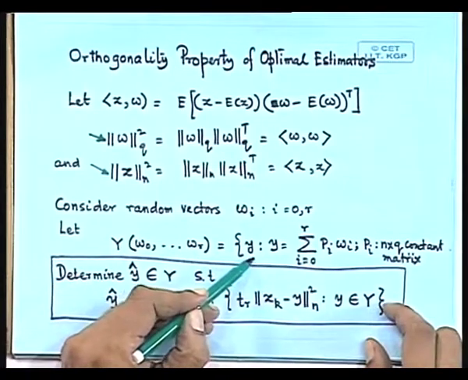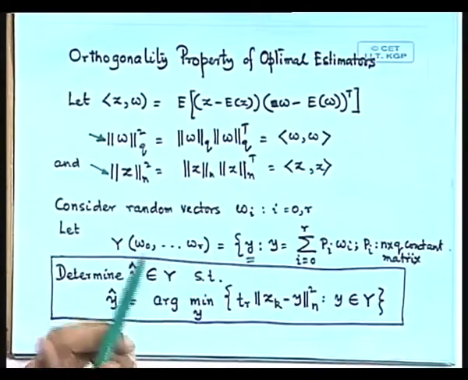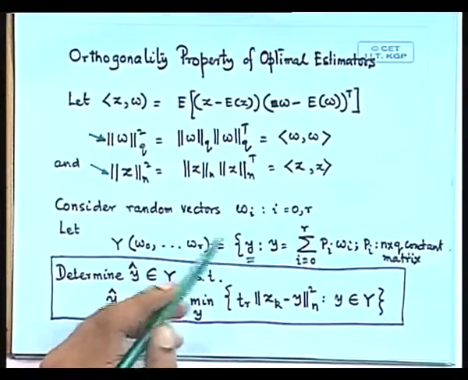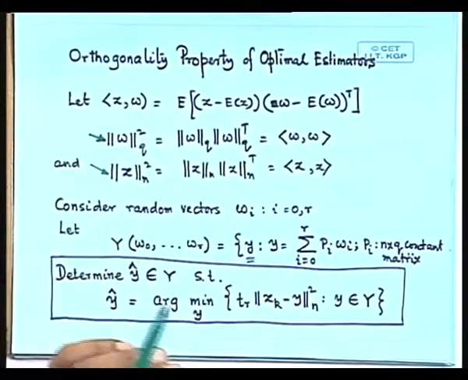All we are saying is that this estimate that I want to generate, which I am here calling y, please do not confuse with the output y. In this case, y is an estimate of x.